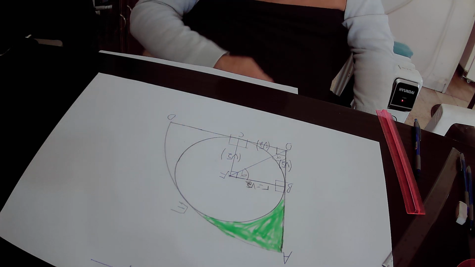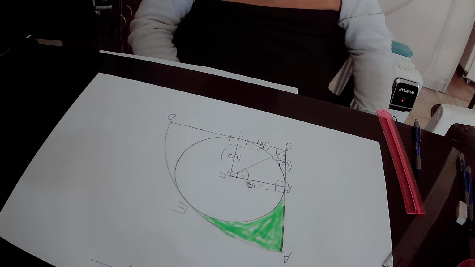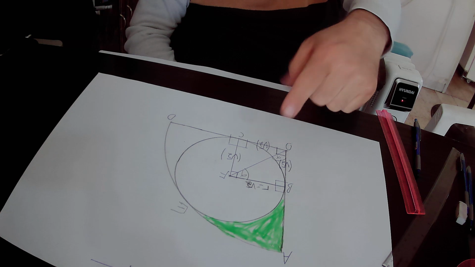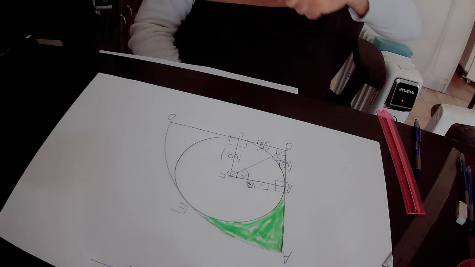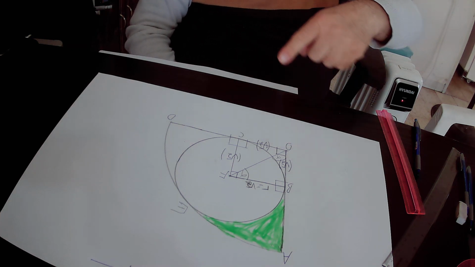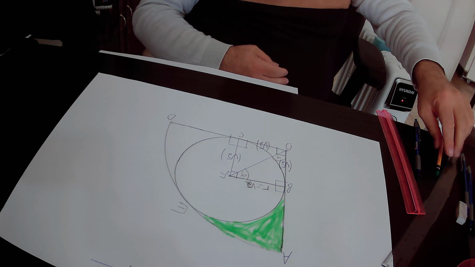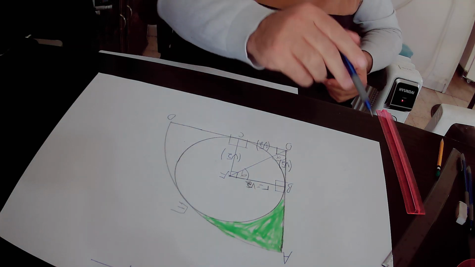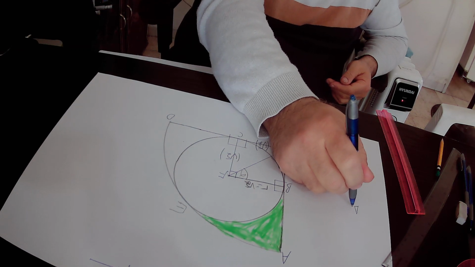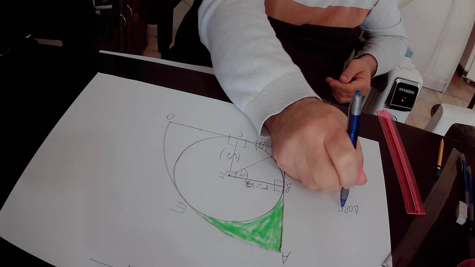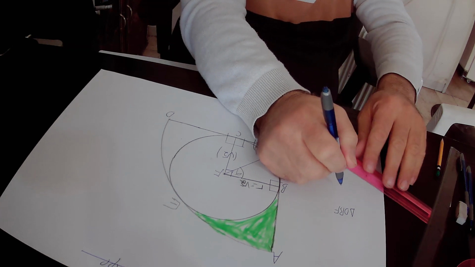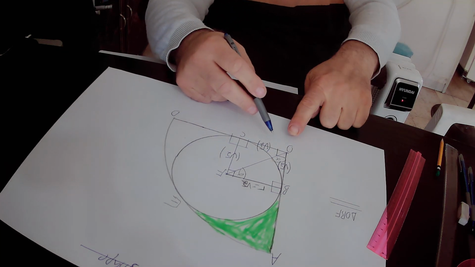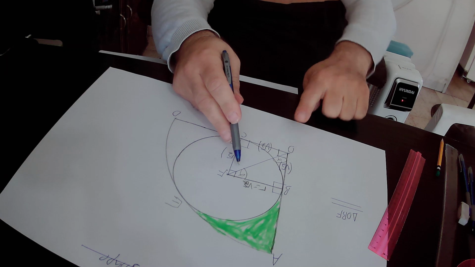And we also know that the sum of the angles in any triangle is equal to 180 degrees. So the sum of the angles in this right triangle OBF must be equal to 180 degrees. So which angles do we have inside the right triangle OBF? We have this angle that is equal to 90 degrees. This angle equals alpha, and this angle also equals alpha.